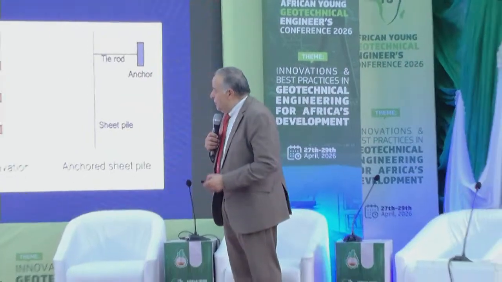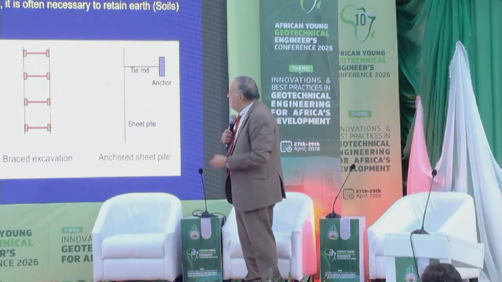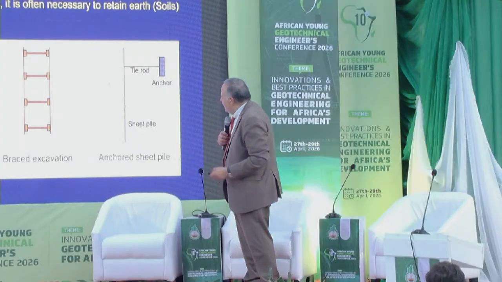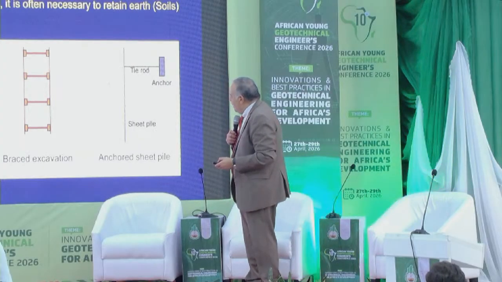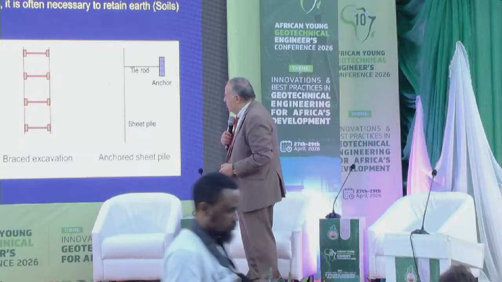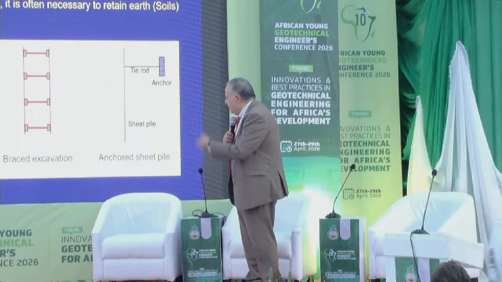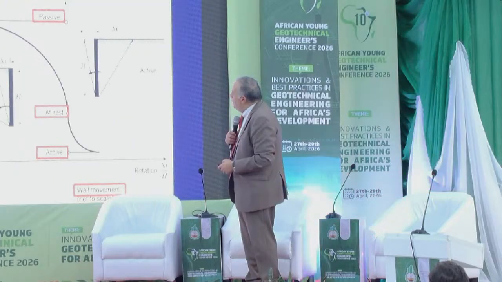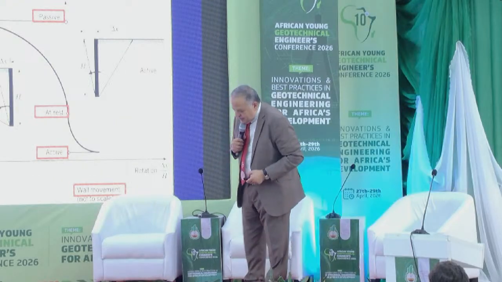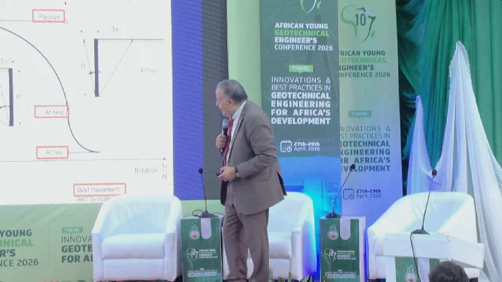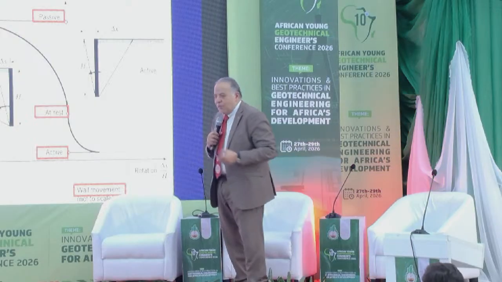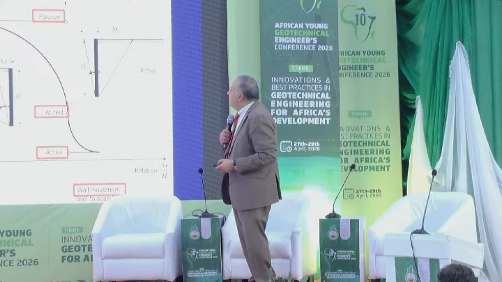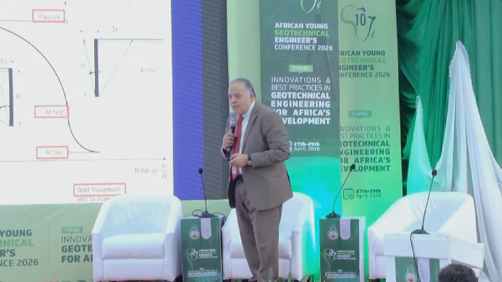In geotechnical engineering, we have many opportunities to have retained soil behind structures or walls, like cantilever retaining walls, braced excavations, and anchored sheet piles. Classically, we have 3 types of earth pressure, depending on the movement of the wall.